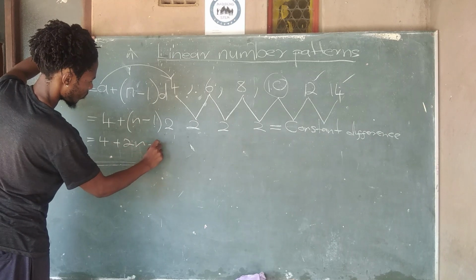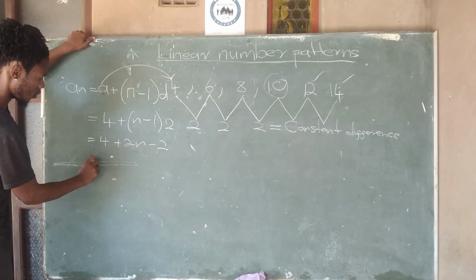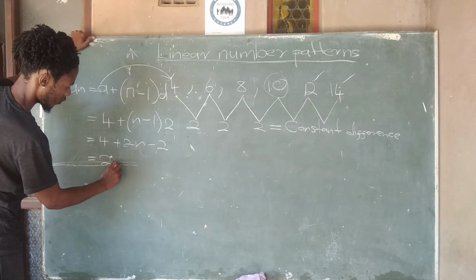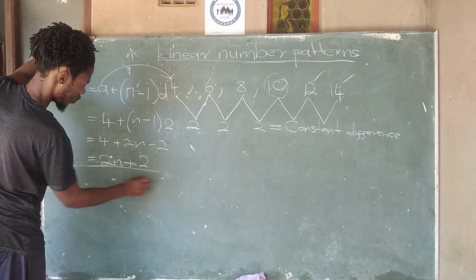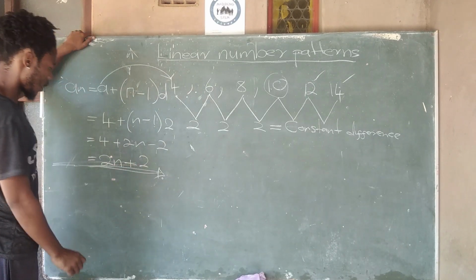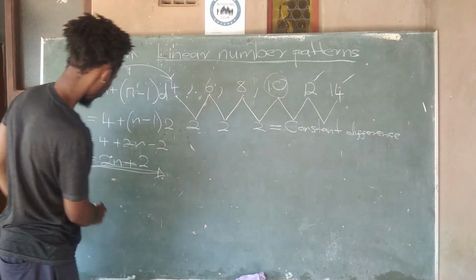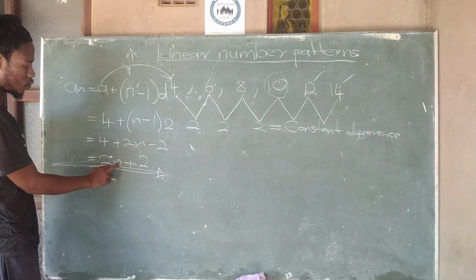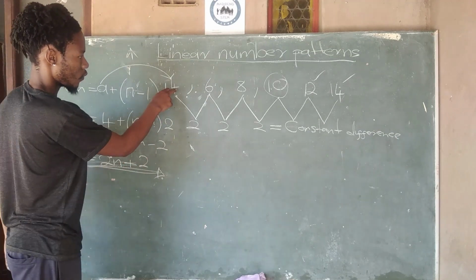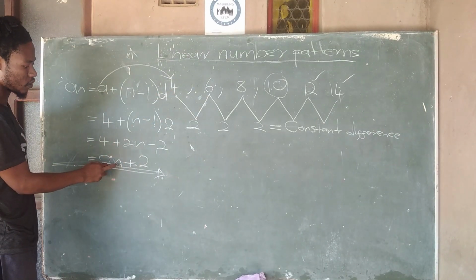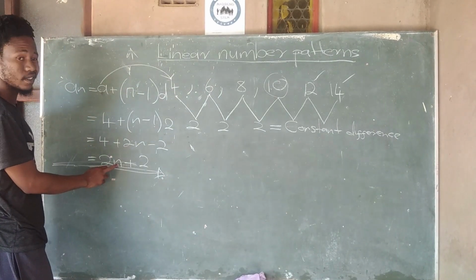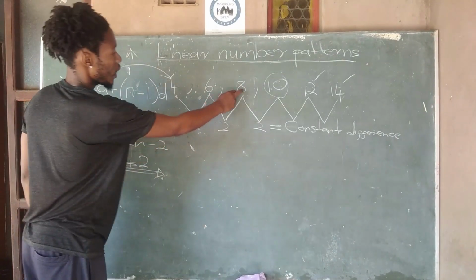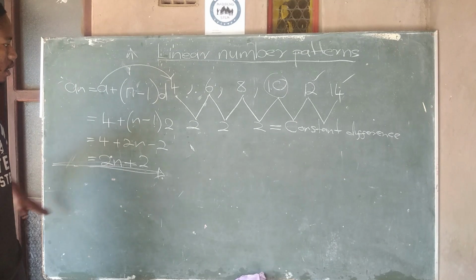So 2n minus 2. So this is 2n plus 2. This is your general term. 2 times 1 is 2, plus 2 is 4. 2 times 2 is 4, plus 2 is 6. 2 times 3 is 6, plus 2 is 8. This is the general term.